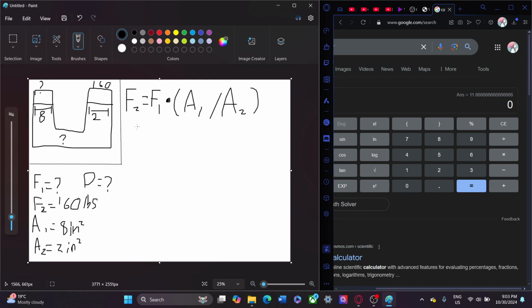What we now do is we just switch these two. So it becomes F1 equals F2 divided by A1 divided by A2. Now you might be questioning, why is it now division?